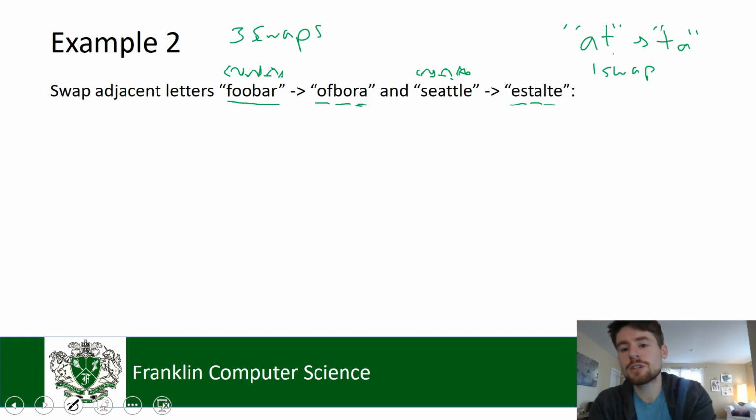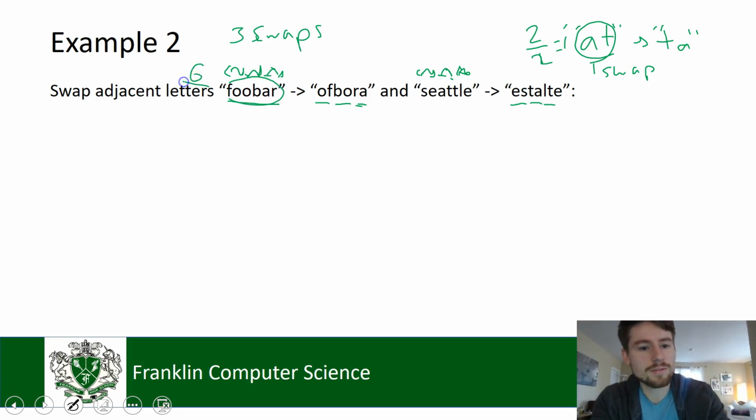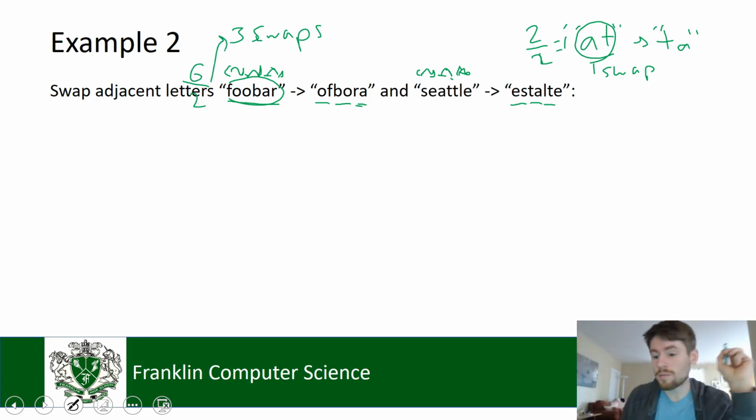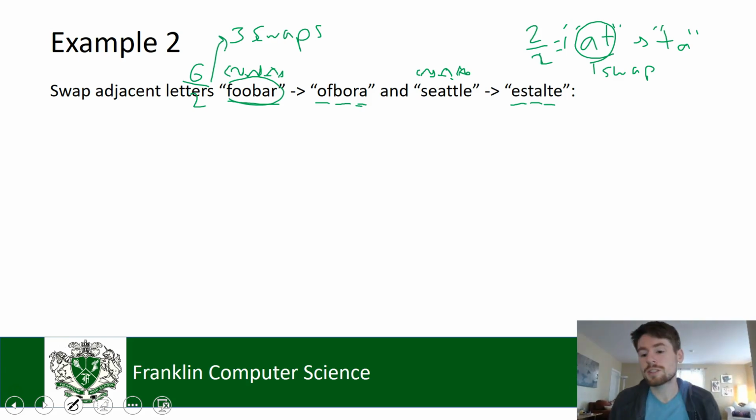So if our length is 2, we're going to be looping half of that, 2 over 2. We're going to loop once. And if our length over here is 6, there's 6 letters, and we're going to divide that by 2, and that gets us 3, right? So that's one way of figuring out how our loop is going to run.